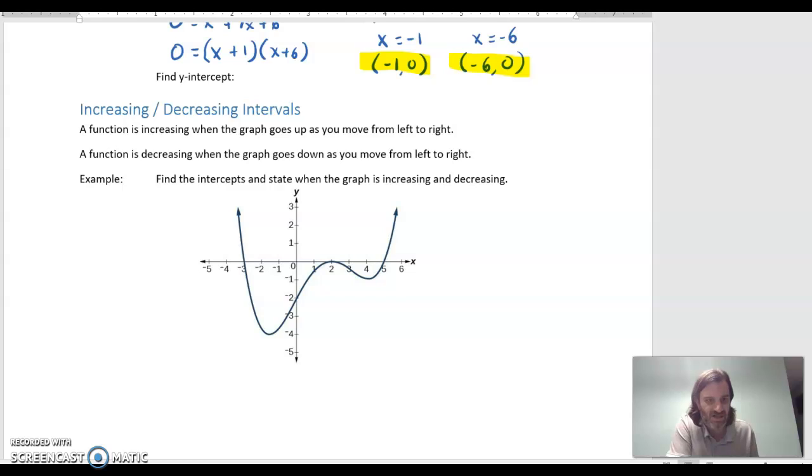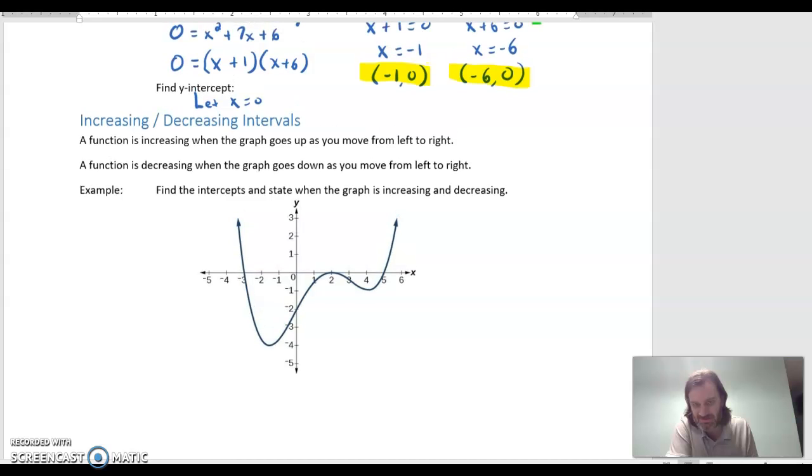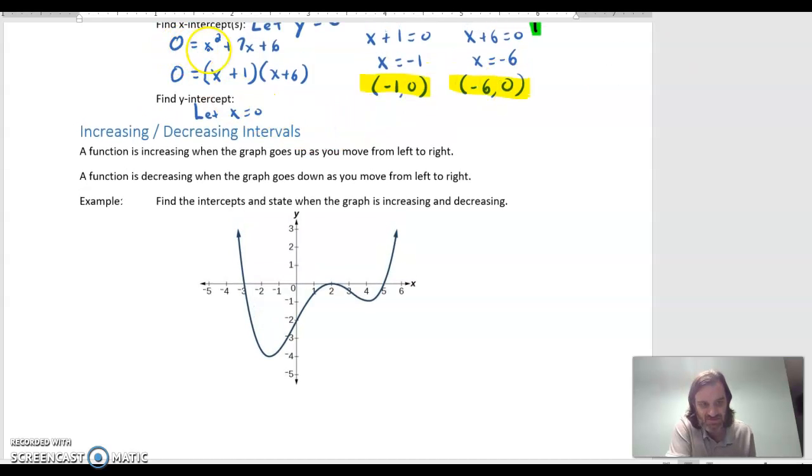Okay, here we go. So to find the y-intercepts, remember that we're going to let x equal 0. And if we do that, we can take our function, which was x squared plus 7x plus 6, and let the x's be 0. So when we plug 0 in for x, we get 6.